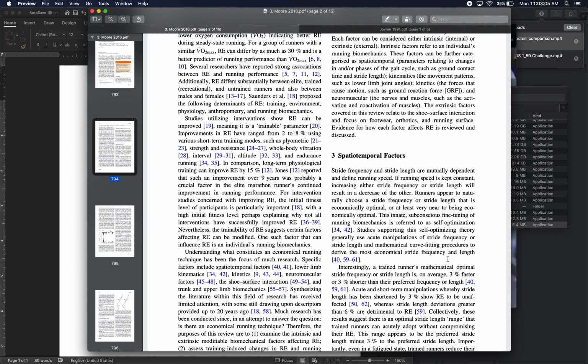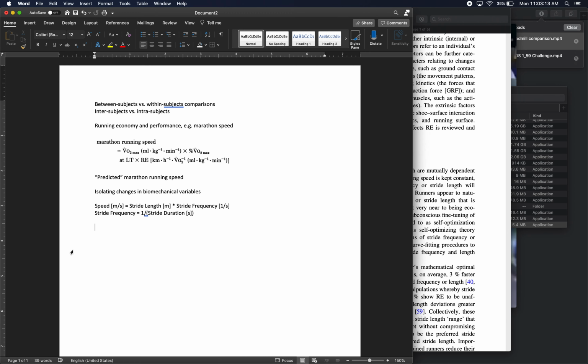Okay? She then goes on to define the mathematically optimal stride length or stride frequency. And that would be the combination of stride length and stride frequency to run at a certain speed that's most economical. So the combination that minimizes your metabolic cost of running at that speed, or that makes you the most economical at that speed.